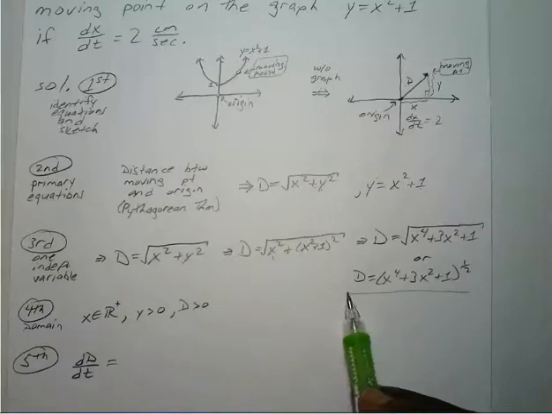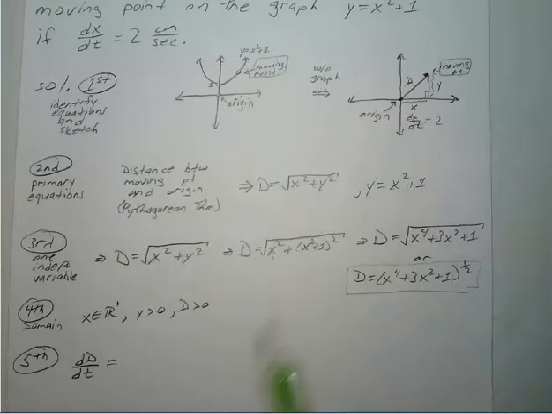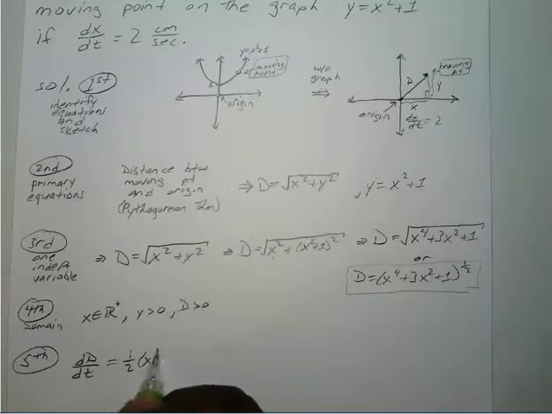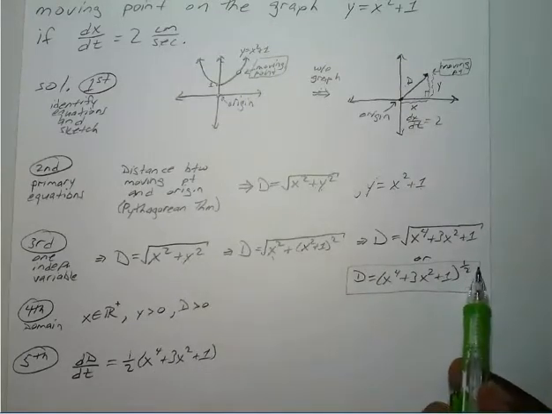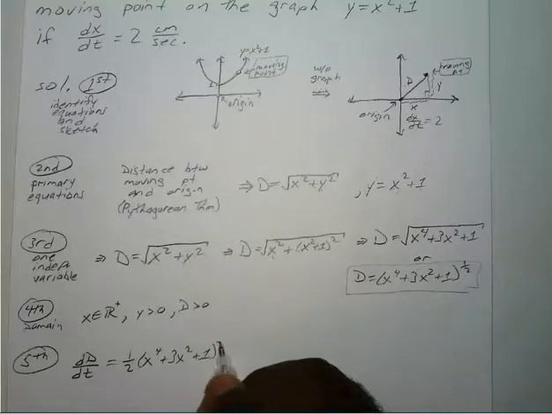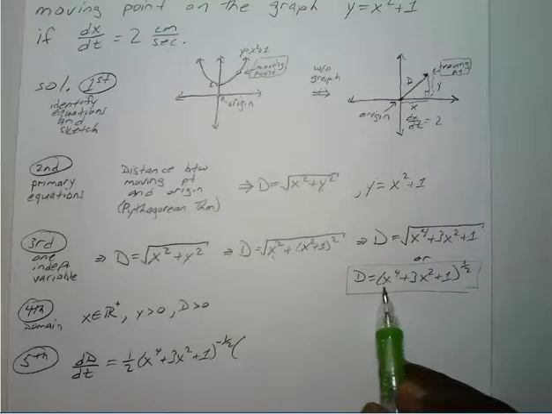And that's going to be the derivative of this here. So using the chain rule, we're going to bring down that 1/2 times (x to the 4th plus 3x squared plus 1) to the 1/2 minus 1, which is negative 1/2, times the derivative of what's inside.